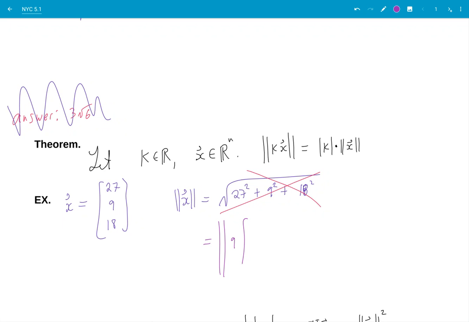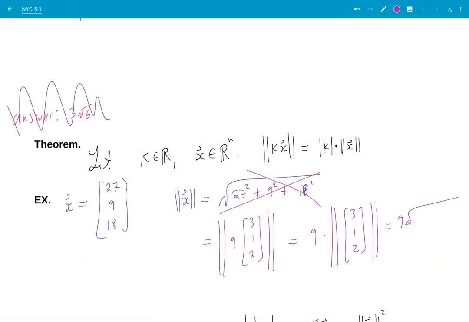So that's 9 times 3, 1, 2. So the 9 can come out. 9 times 3, 1, 2. This is much easier. Now I do my formula. I get 9 times the square root of 9 plus 1 plus 4, which is 9 square root 14. So we get a nice reduced answer at the end here.